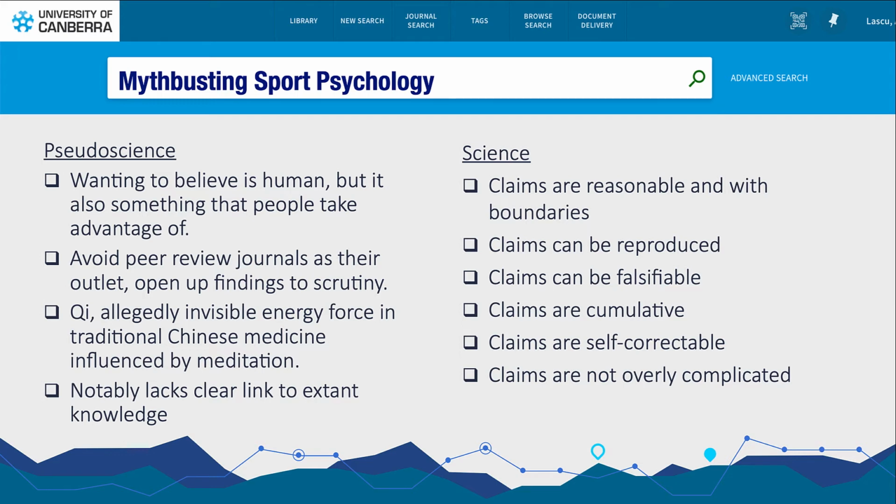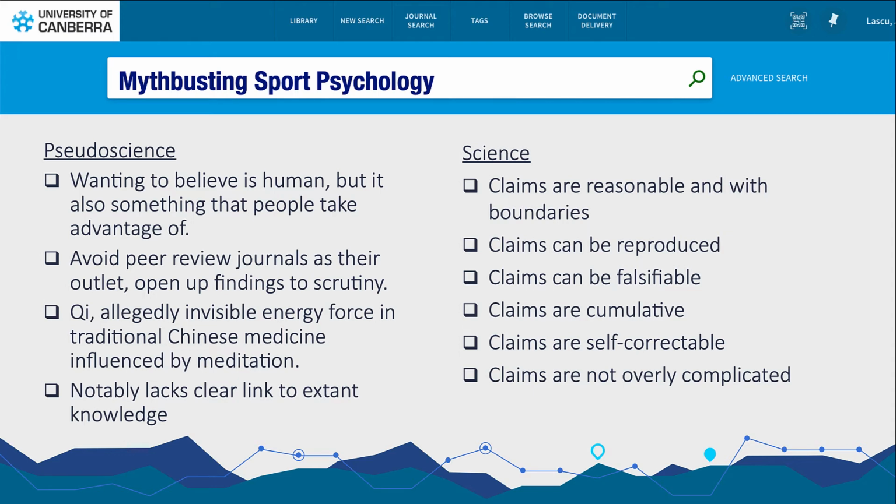In terms of pseudoscience, it's easy to trick people into believing something because we want to believe. It's part of being human, but it's also something that people take advantage of. People who write or conduct pseudoscience often avoid peer-reviewed journals as their outlet, because their findings would then be opened to scrutiny by their peers.